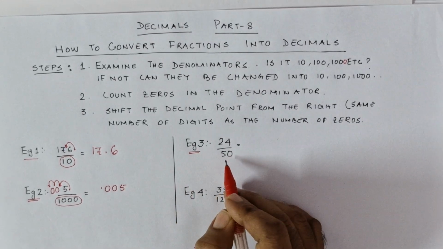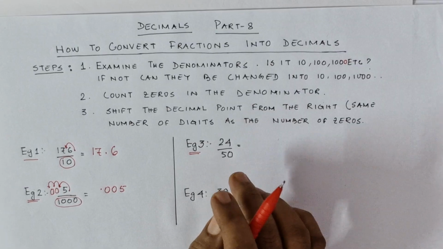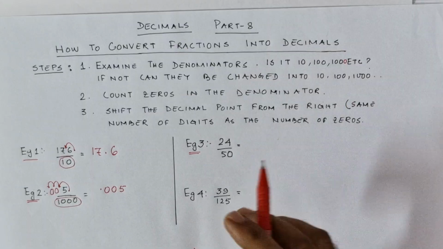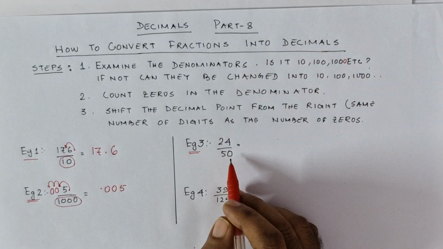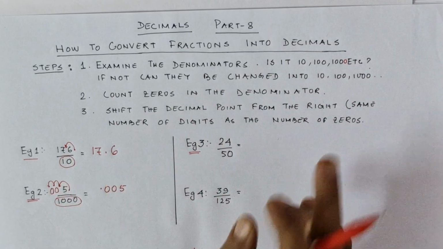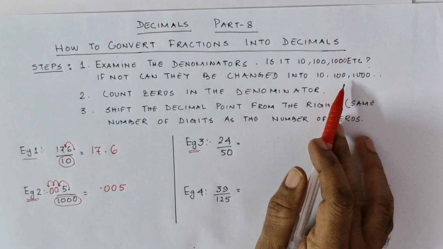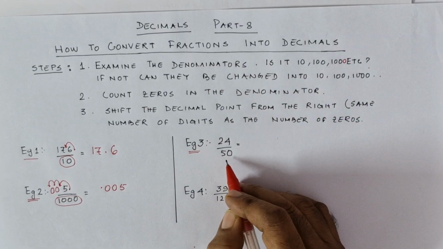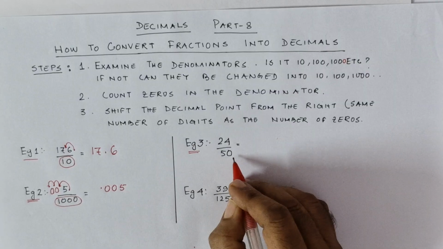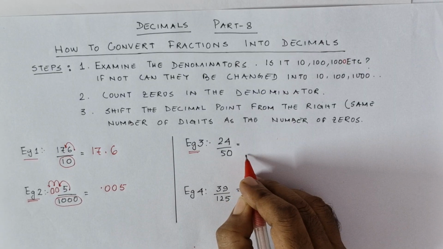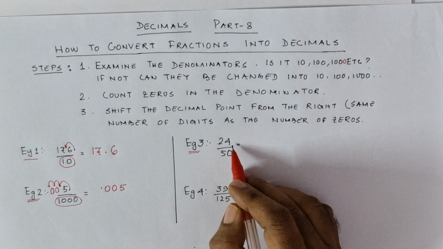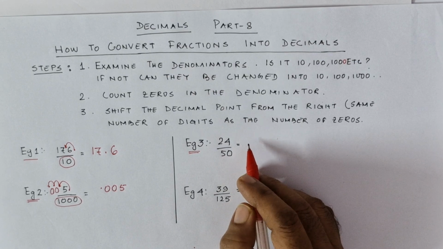So this is 24 by 50. Got it? Now examine the denominators. It is not 10, 100 or 1000. If they are not, can they be changed into 10, 100, 1000? Can they be converted? So 50 can be converted into what? 100. If I multiply 2 in the denominator, obviously I need to change the numerator by multiplying 2.